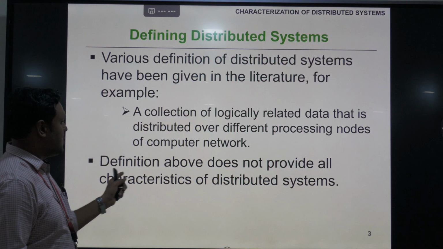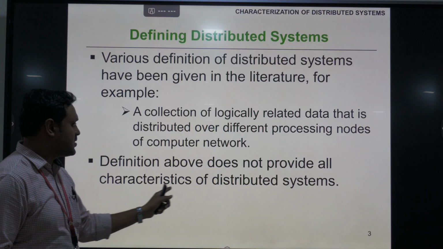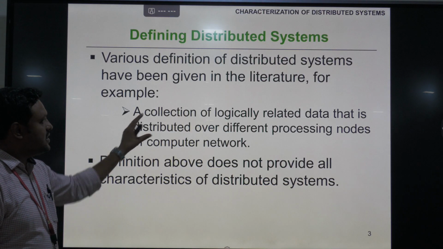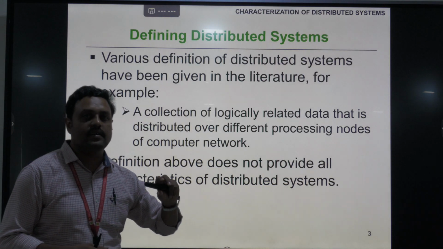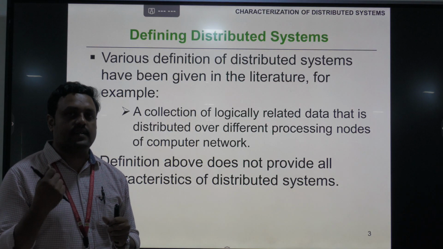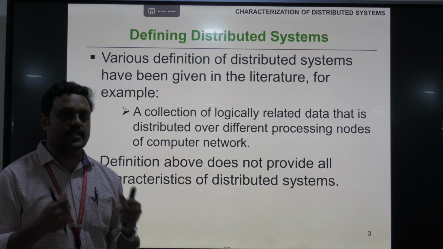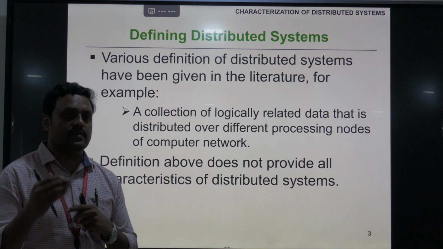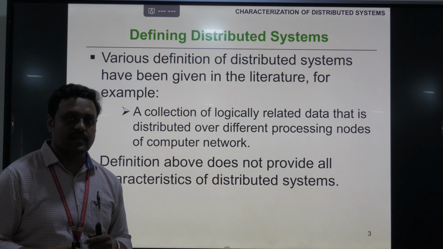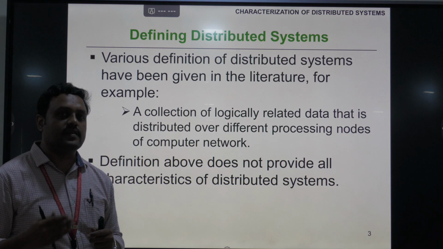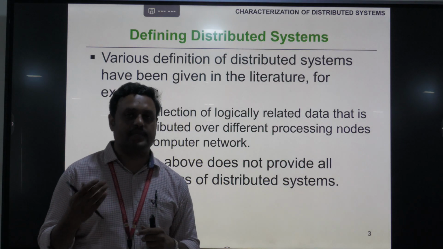The definition above does not provide all characteristics of distributed systems. In this definition we are not seeing the entire characteristics, so we go for the next definitions, which will define distributed systems more precisely.